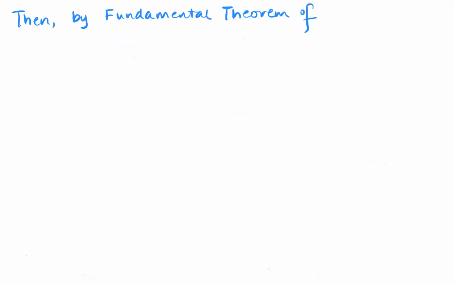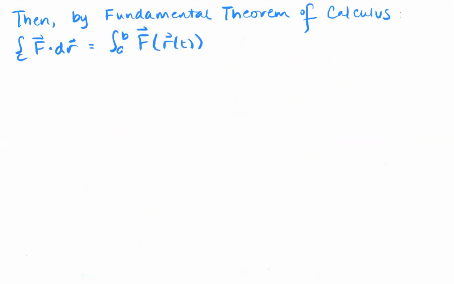So then, by the fundamental theorem of calculus, we'll use that in here. The line integral over C of F dot dr equals the integral from a to b of F of r of t dot r prime of t.